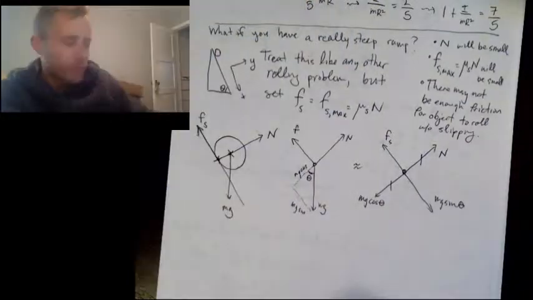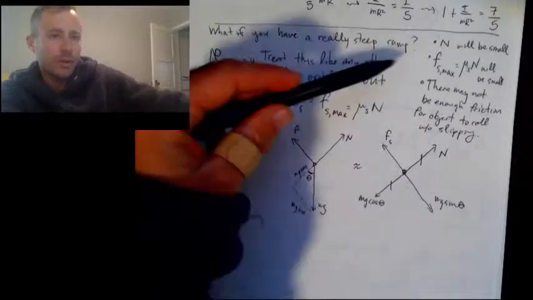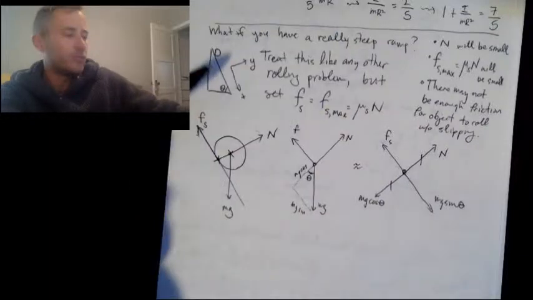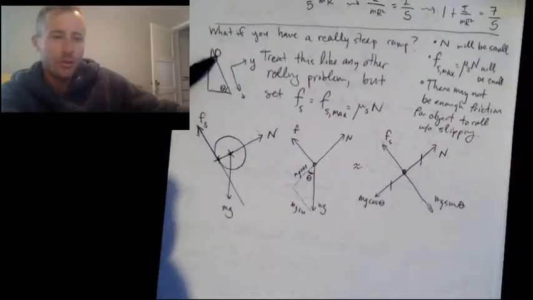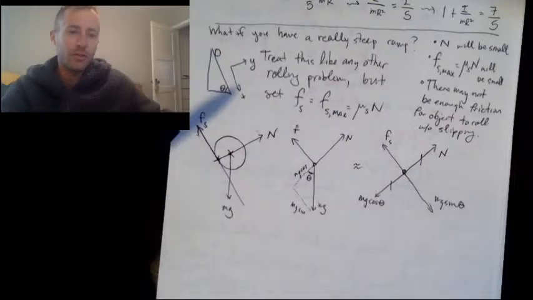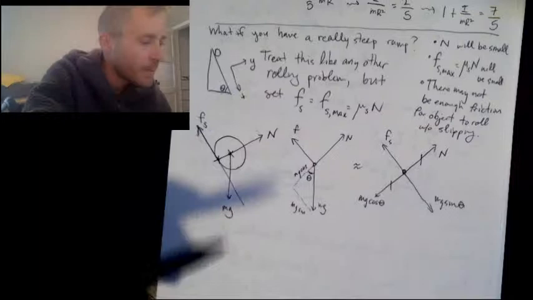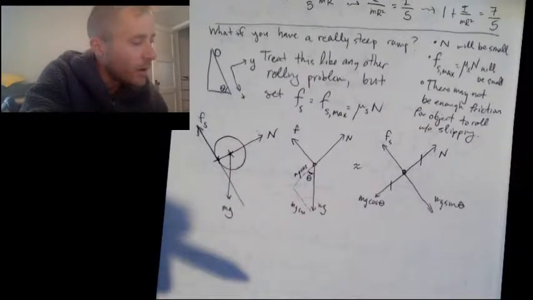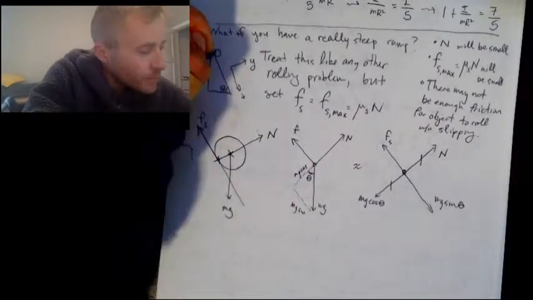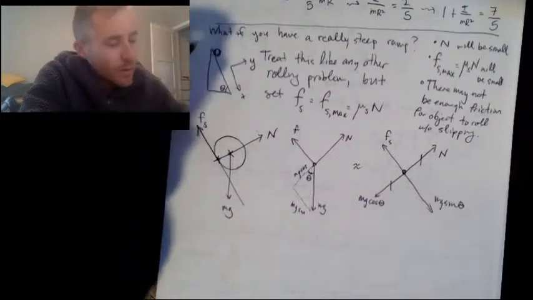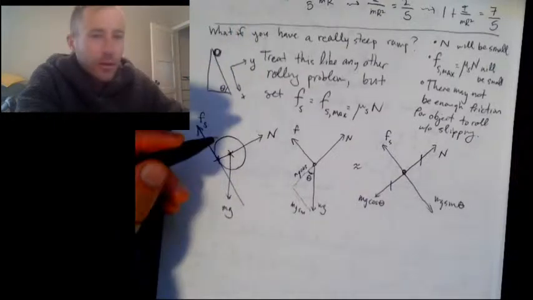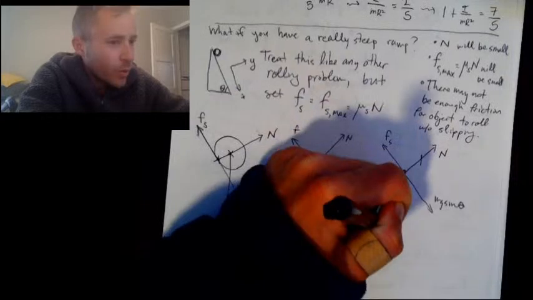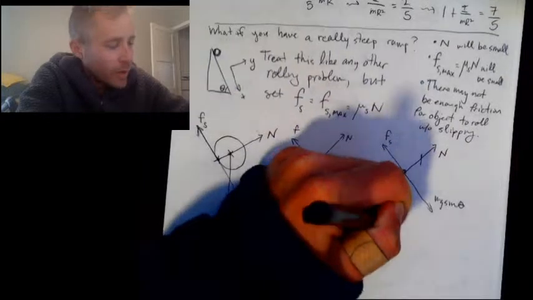If the normal force was bigger than mg cosine theta, the object would jump off the incline, or if mg cosine theta was bigger than the normal force, it would crush into the incline. All right? So the only sensible option is that normal force is mg cosine theta.